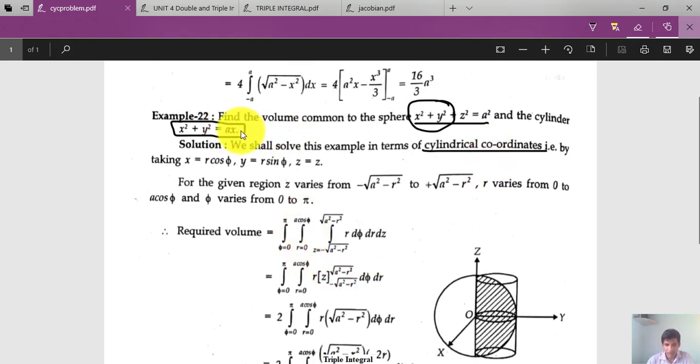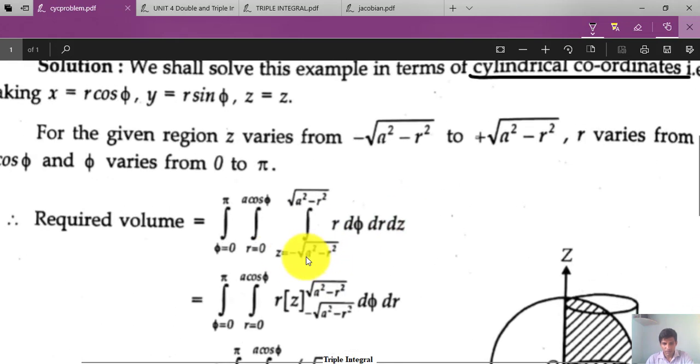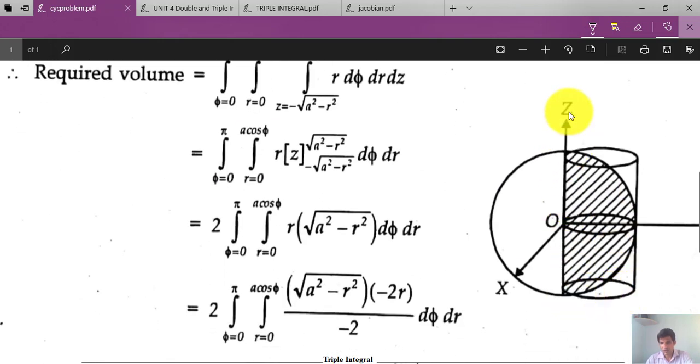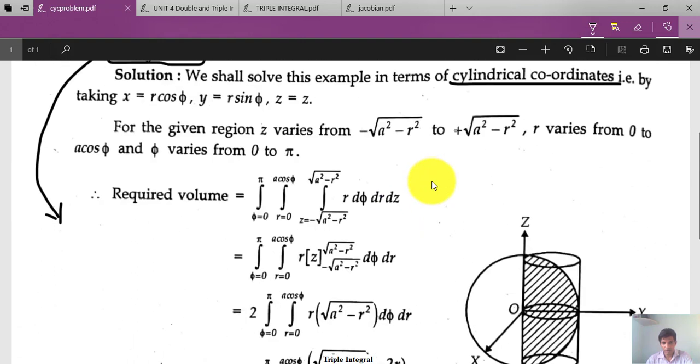I will take this particular equation. Now z varies from minus square root of a square minus r square, from this position to this, along the z axis. Complete.